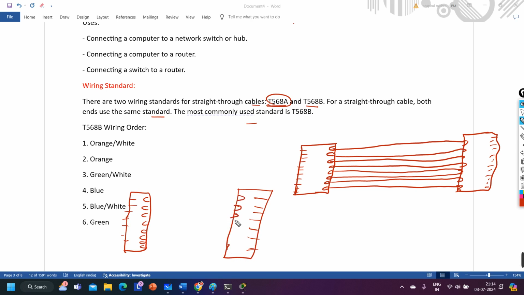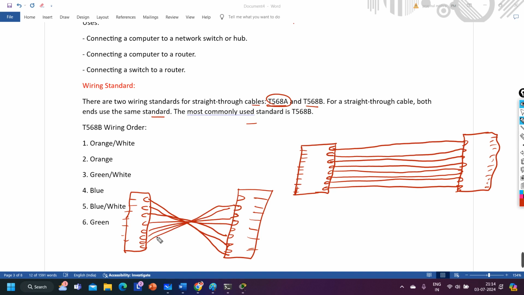Pin 1, pin 2, pin 3, pin 4, pin 5, pin 6, pin 7, pin 8. See, in the crossover, pin 1 will be connected with pin number 8. Pin 2 will be connected with pin number 7. Pin 6 will be connected with 6. Like this, all pins are crossed in the crossover cable.